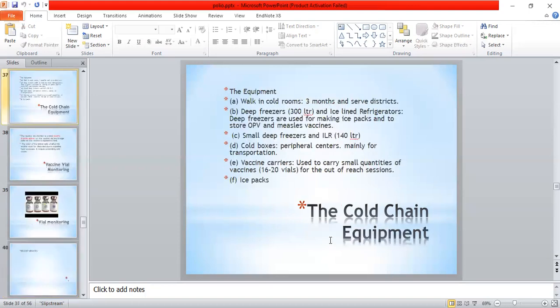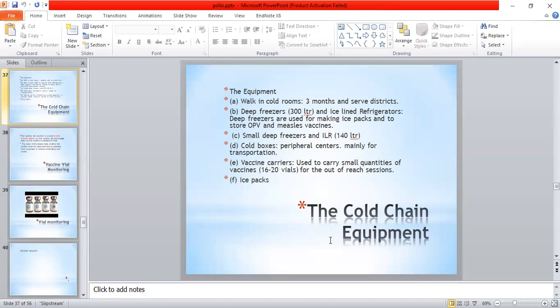Now, the equipment for the cold chain. Firstly, the walk-in cold room, at 3 months, and serving the district. Second is the deep freezer, that is of 300 liters, and the ice-lined refrigerator. Deep freezers are used for making ice packs and to store the OPV and measles vaccine.